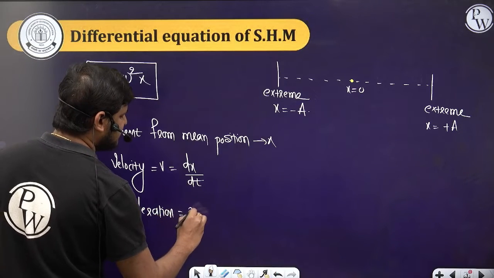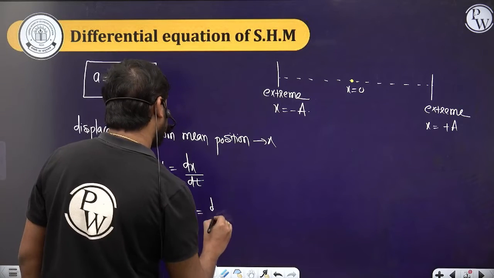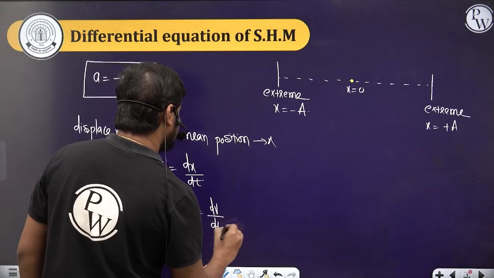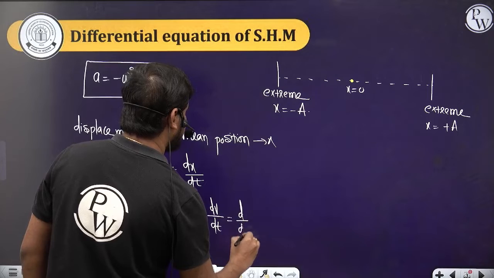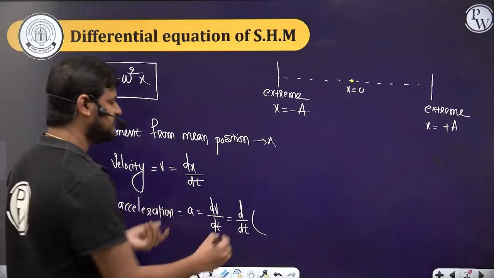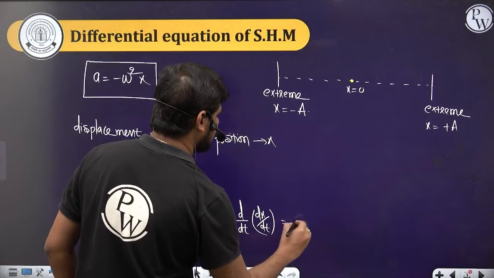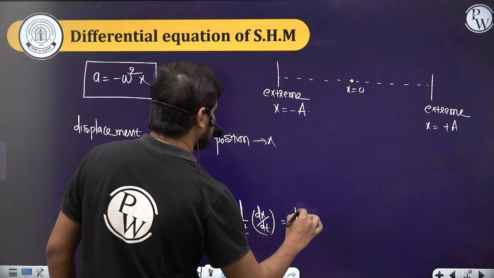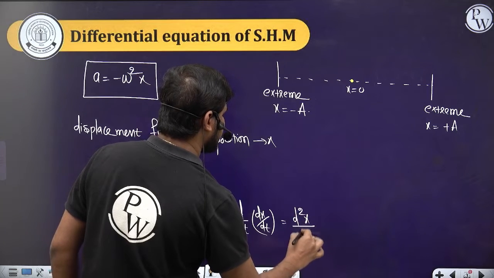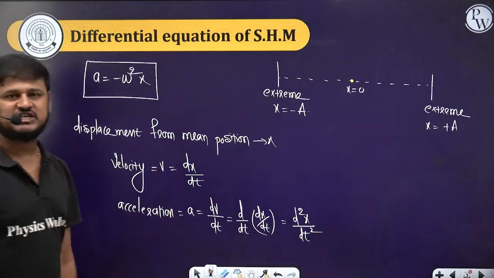The acceleration a is simply dv by dt, which is d by dt of the velocity. In place of velocity I am writing dx by dt, so it is d square x by dt square. This is the acceleration a we got.